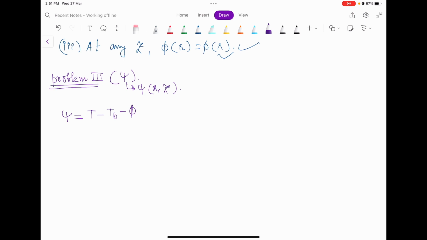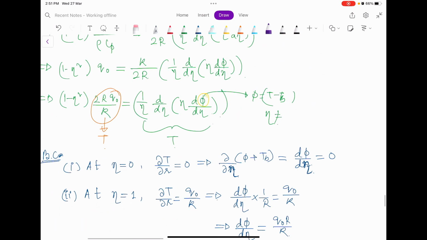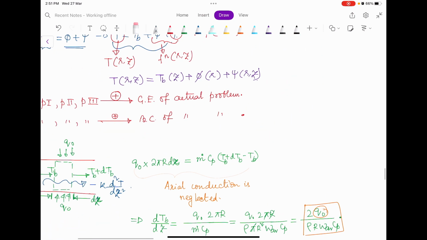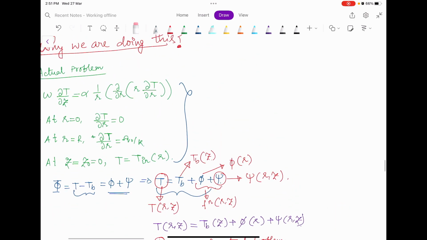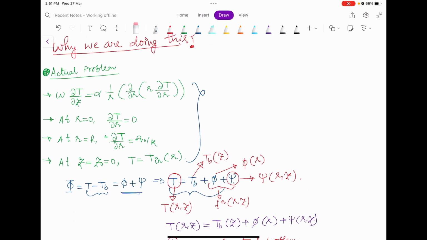Now I have the governing equation for T here. See a very interesting thing: you put T equal to Tb plus phi plus psi into this governing equation, and let us see what we get.